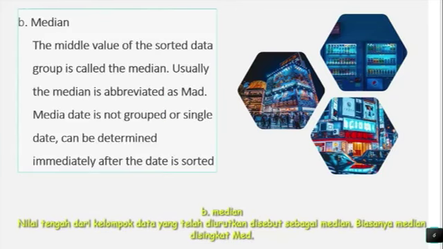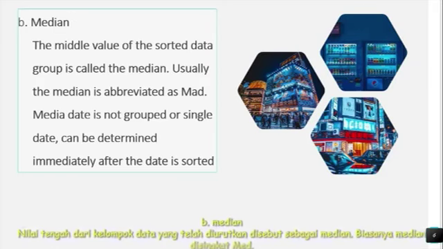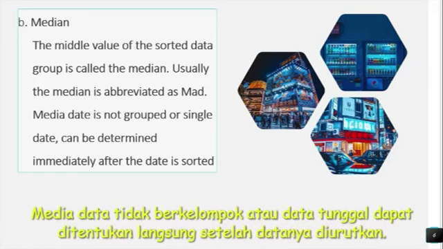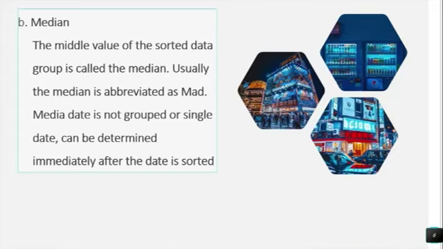B. Median. The middle value of the sorted data group is called the median. Usually the median is abbreviated as MED. The median of data that is not grouped, or single, can be determined immediately after the data is sorted.